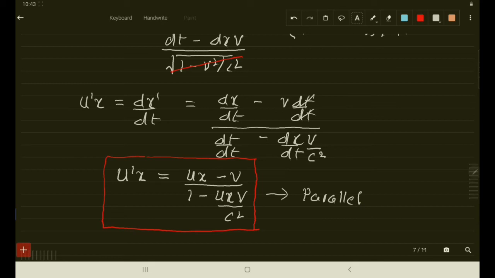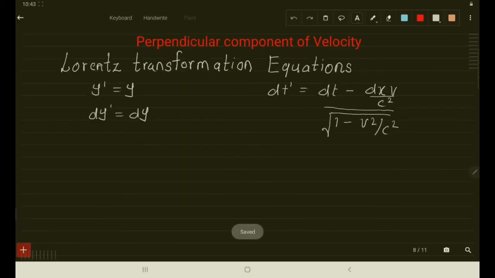Now according to Lorentz transformation equations, let us try to also find out the perpendicular components of velocity. Now try to remember that according to Galilean transformation, there is no change in the perpendicular components of velocity, but according to Lorentz transformation, maybe the perpendicular components will also change.